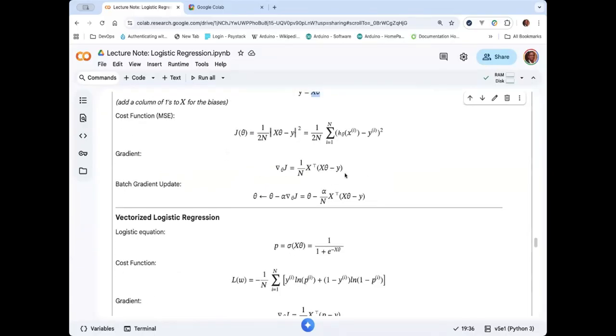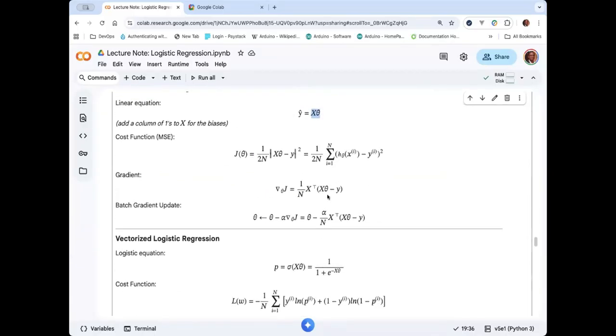For the gradient, we now have x transpose times x theta minus y. Remember x theta is what? y hat. So y hat minus y, which is what we have been doing, except that it's a vectorized form. So we are doing it all at once. We're doing all the y hats in a single go. We don't have to loop through it or do it one by one as we're writing it.